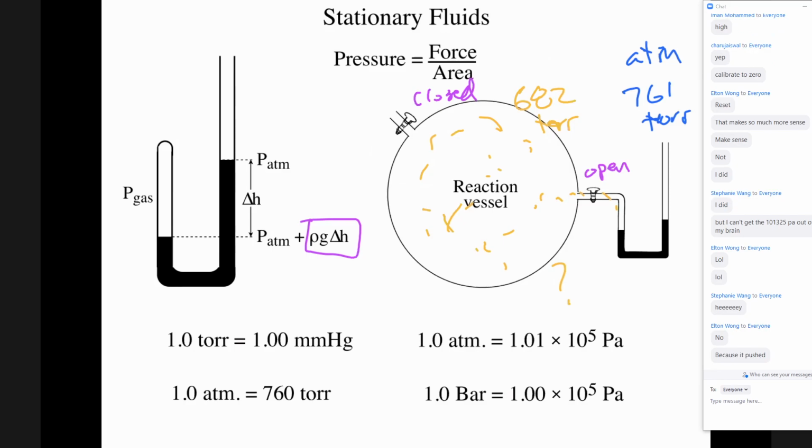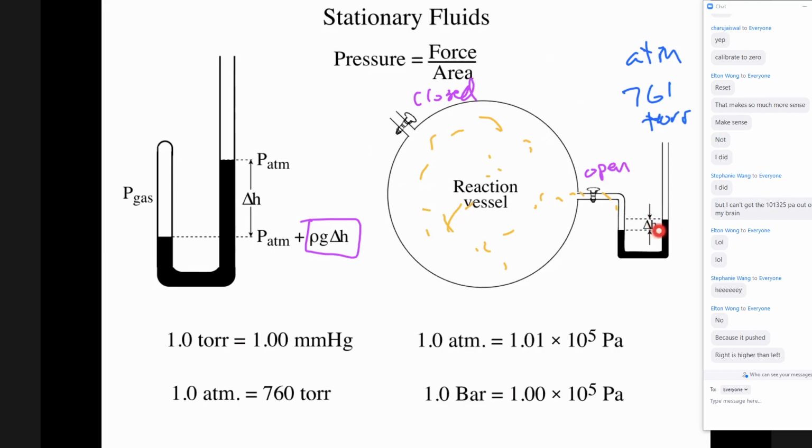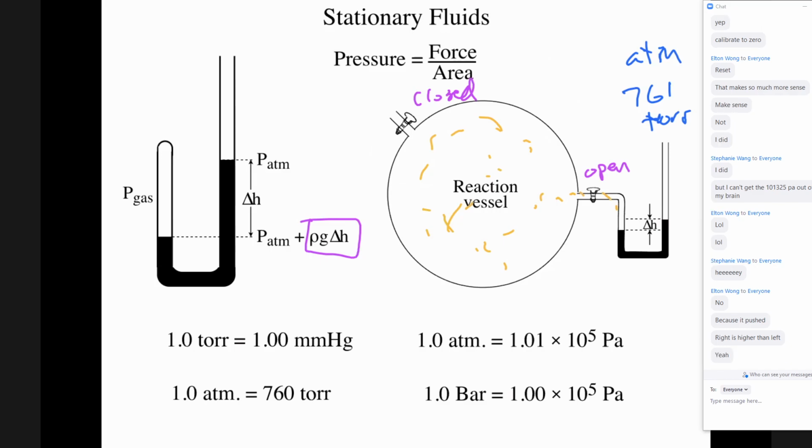It's being pushed. How do you recognize that? What are you seeing that I'm not seeing? The height difference right there. So because of this height difference, you agree the pressure in here must be greater than 761. So if I told you the pressure inside here was 789 torr, how high is that?